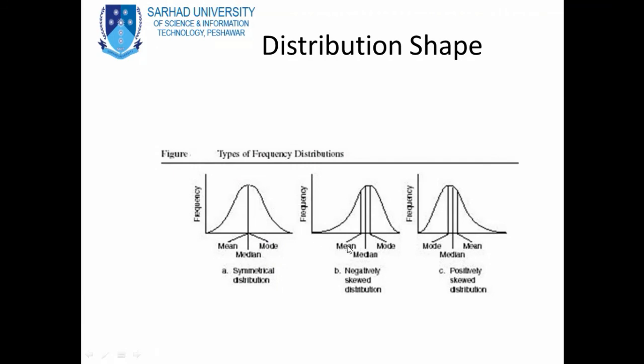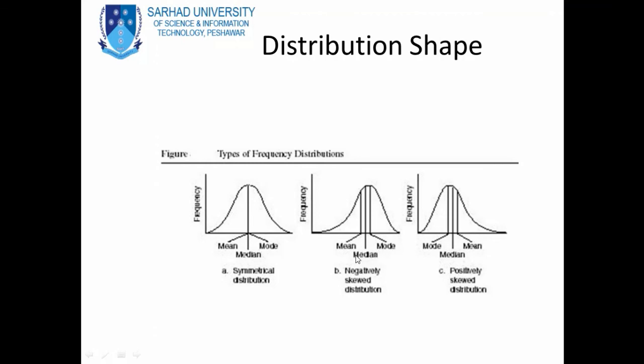And if the median lies between the mean and mode, you see over here, this is the negatively skewed distribution.